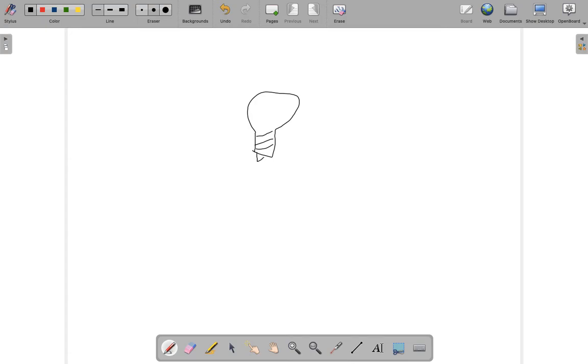Something like that. It has a bottom over there, and then the filament. Let's assume this bulb over here is an ohmic resistor.